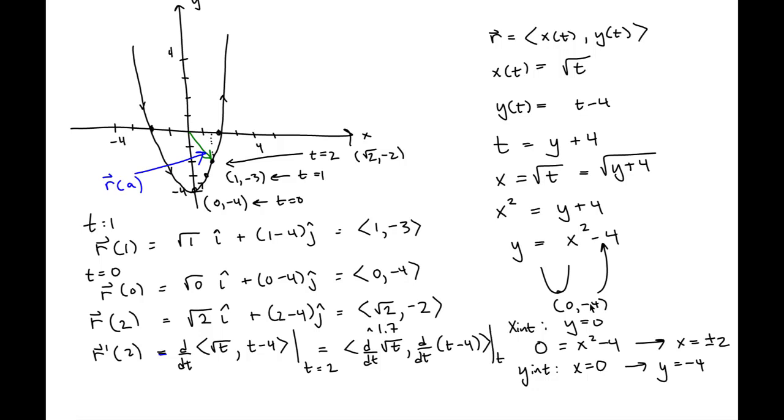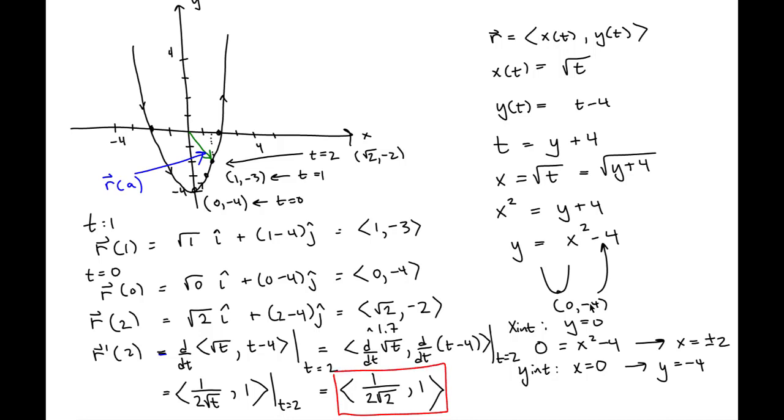And this is evaluated for t equals 2. So evaluating the derivative, for the x component, we have 1 over 2 root t. For the y component, we have 1, and this is evaluated for t equals 2. When we plug in the value of 2 for the x component, we get 1 over 2 root 2. For the y component, we get 1. Here is our answer for the derivative of the position function evaluated at t equals 2.